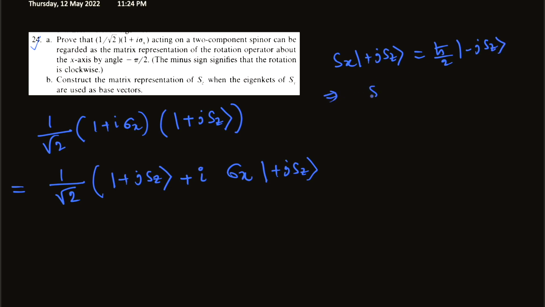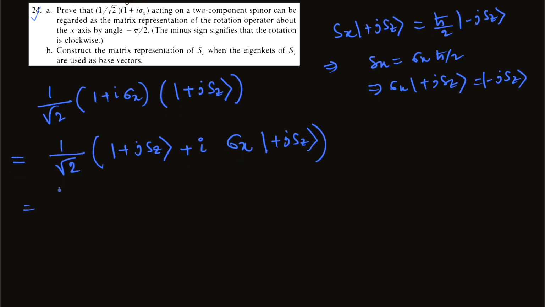That means, sx is actually sigma x into h cut by 2. That means sx operating on plus sz will give minus sz. That means it will give 1 by root 2 plus sz plus i minus sz.